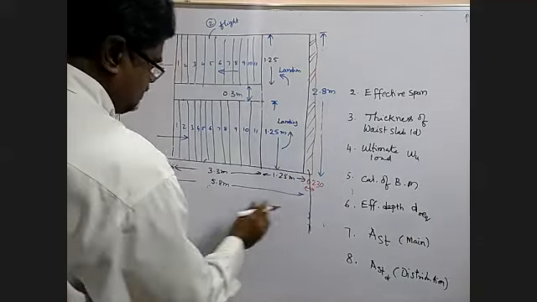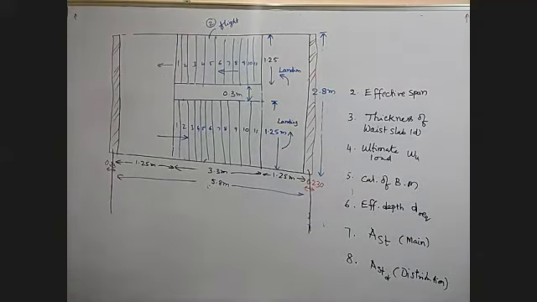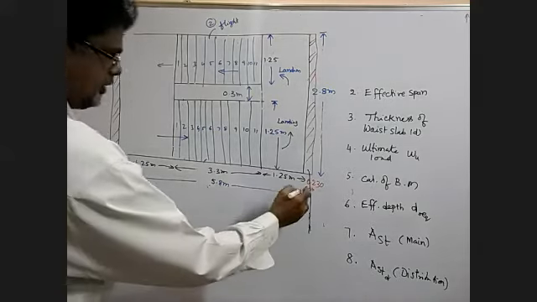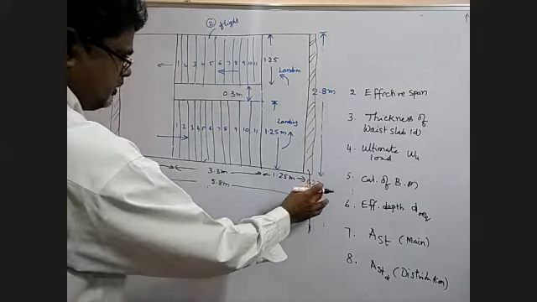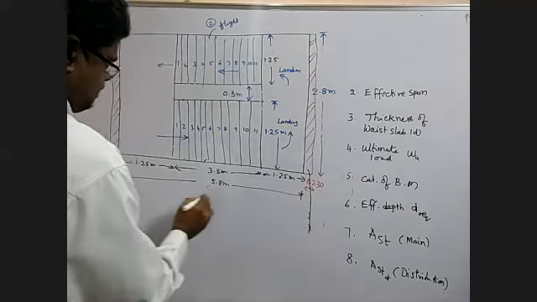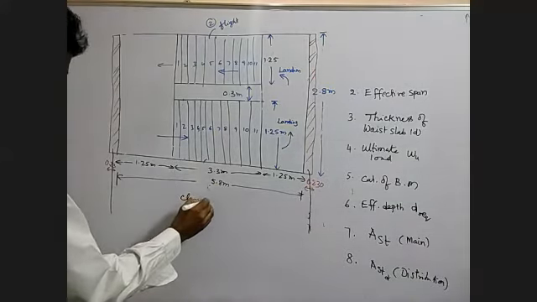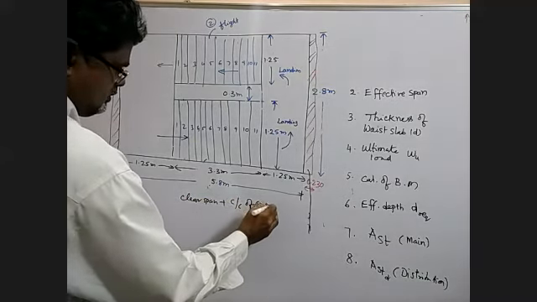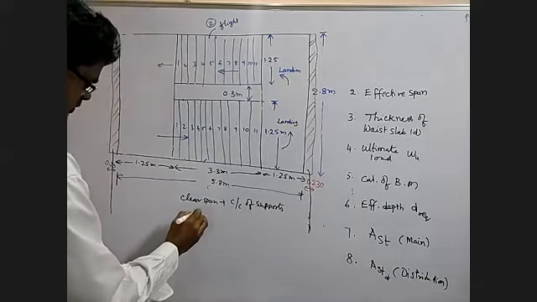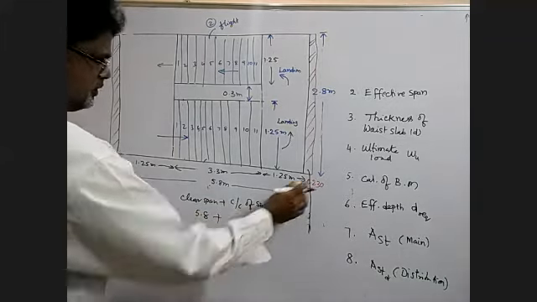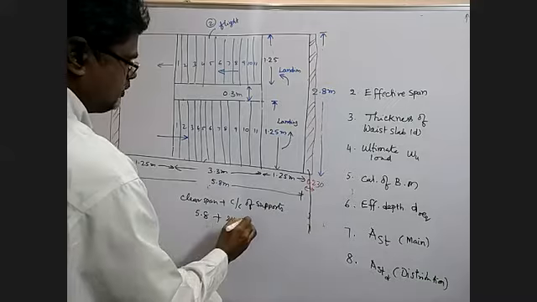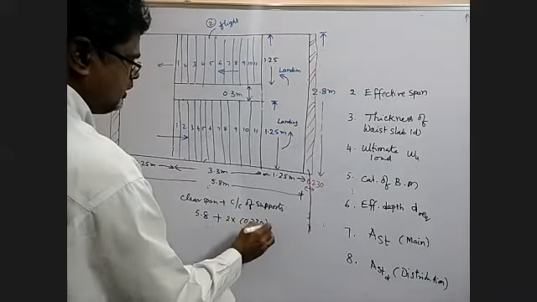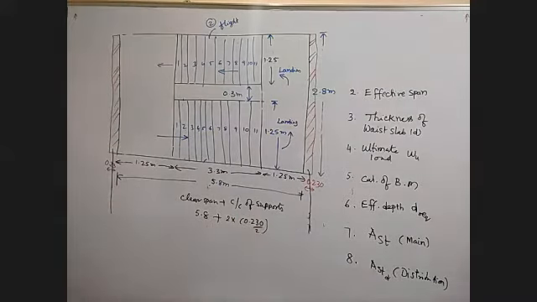The clear span is given as 5.8 meters. దాంట్లో నుంచి 5.8 ఇక్కడ వచ్చేసి 0.23 by 2 square, right? So clear span is 5.8 meters plus 2 into 0.23 by 2. So you'll get 6.03 meters.